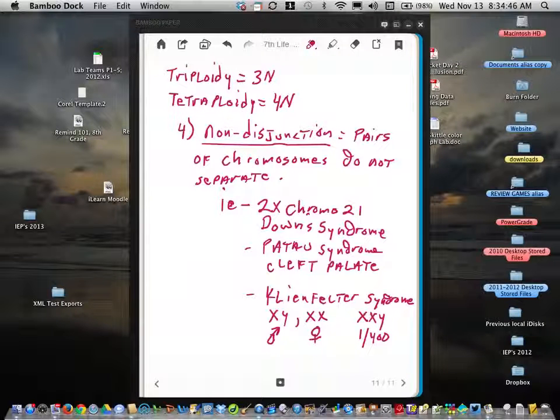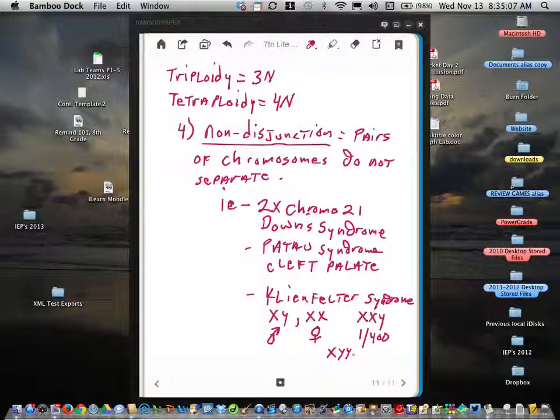And there's other situations as well, like X, Y, Y, which is a male, a very tall male. So usually when these chromosomes, the gender-determining chromosomes, don't separate, it's usually not lethal.